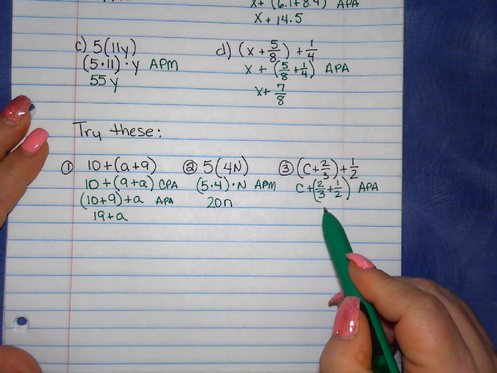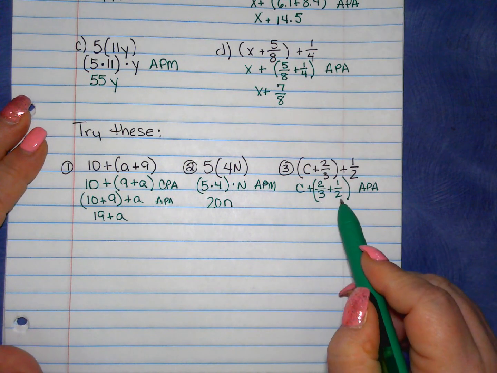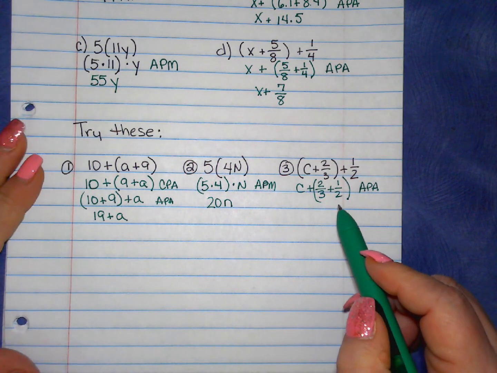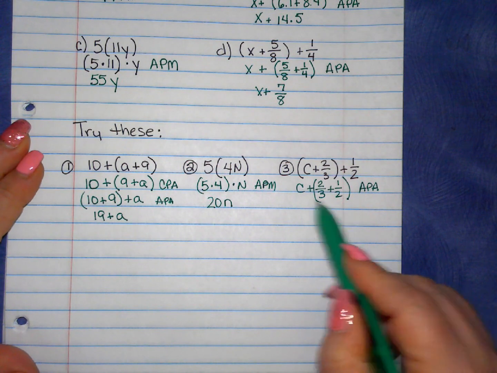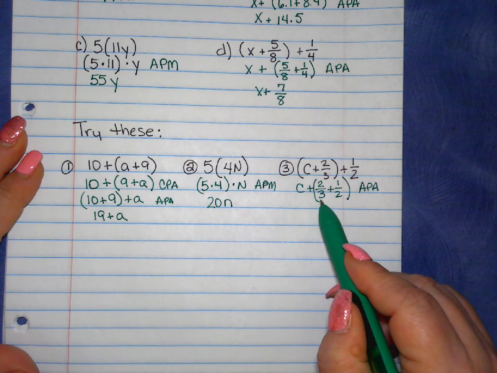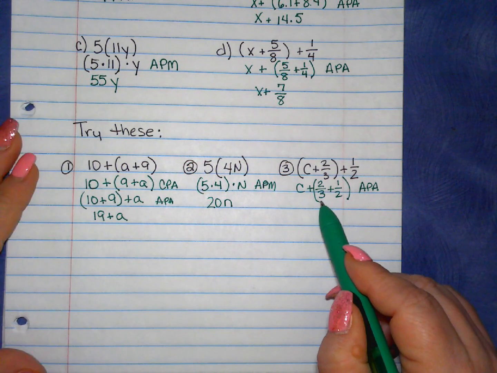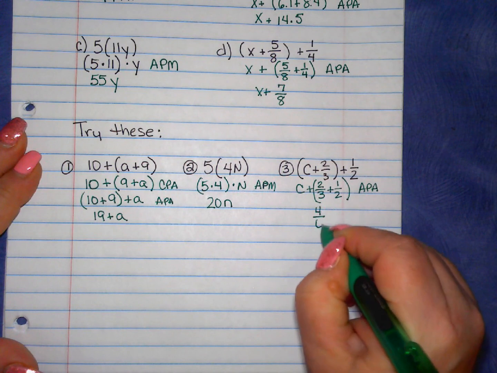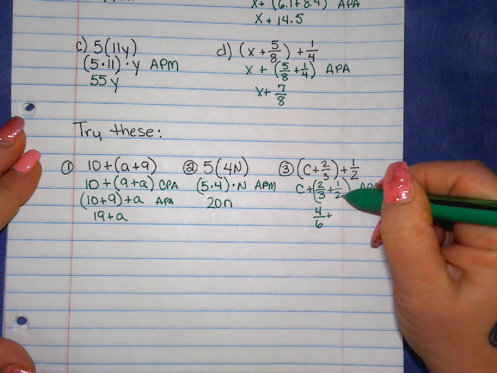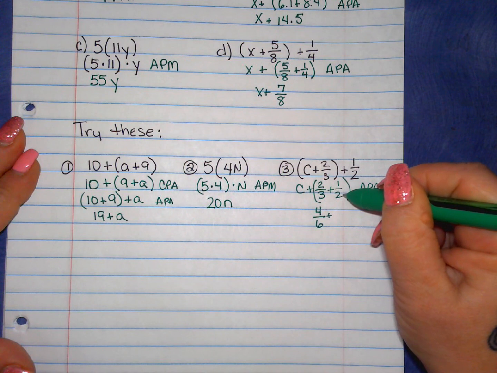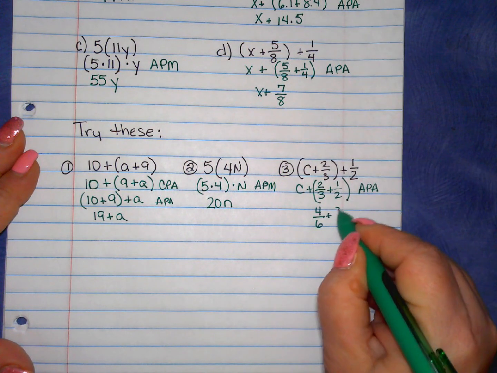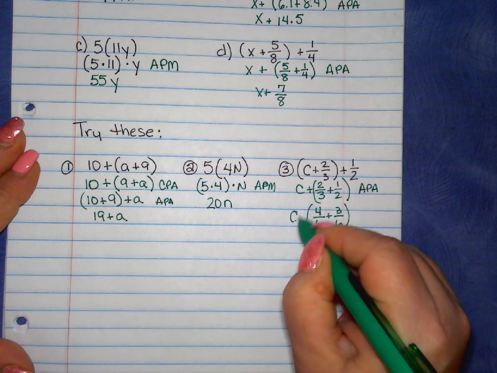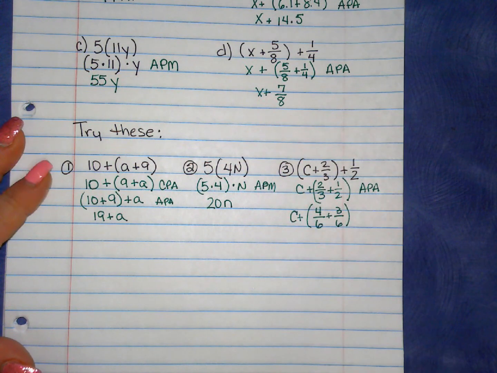Okay, so I've got to do 2/3 and 1/2. I'm going to look for the least common denominator, which would be 6. So in order to change the 3 to a 6, I have to multiply by 2. So I'm going to change 2/3 to 4/6. And in order to change this 2 to a 6, I'm going to multiply by 3. So I'm going to have 3/6 plus c. Remember, I got to bring it down.